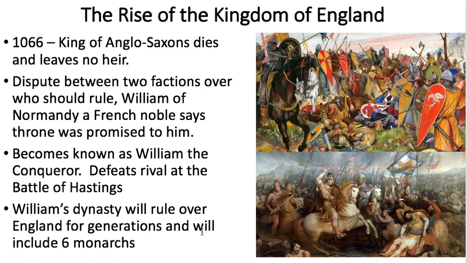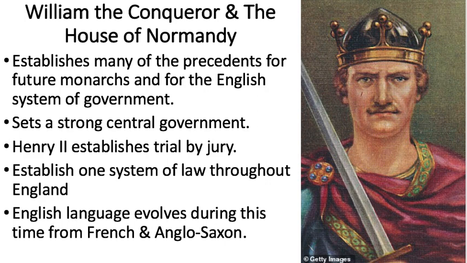That's a very high-tech analysis of what happened at the Battle of Hastings, where William the Conqueror will solidify control of England. And that control, the House of Normandy, the Normandy dynasty, will rule over multiple generations and include 6 different monarchs that are tied by blood to William. There he is. He's got an awesome mustache.